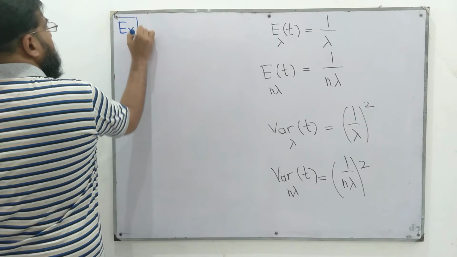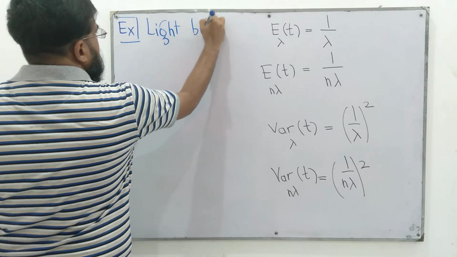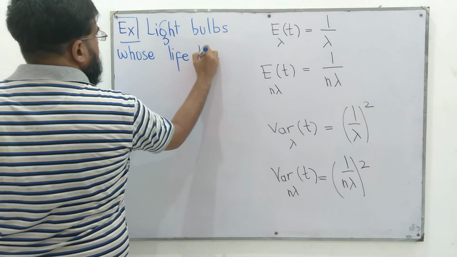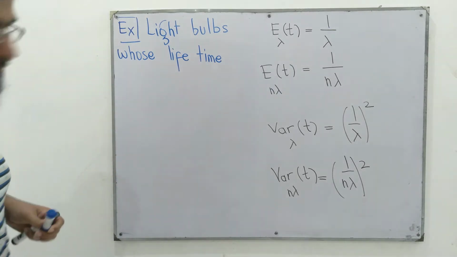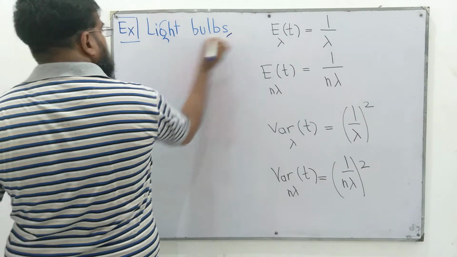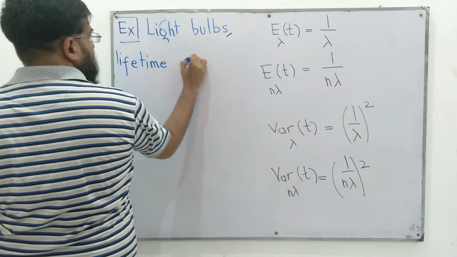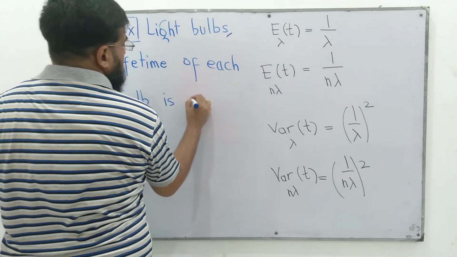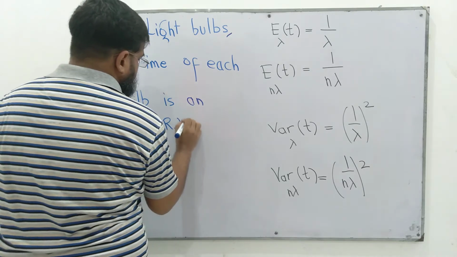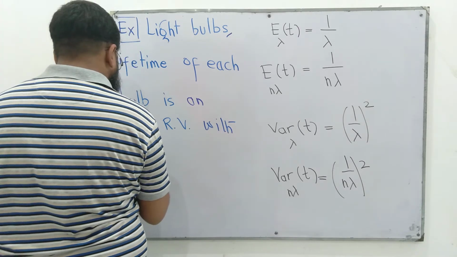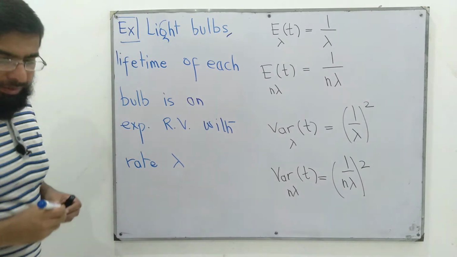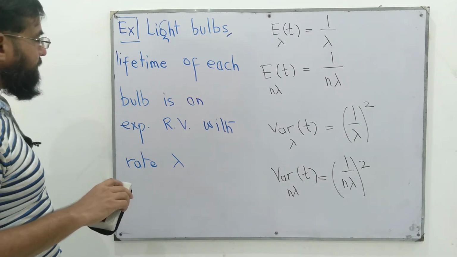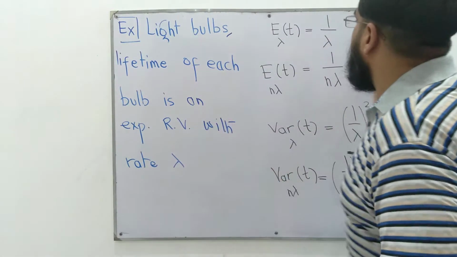An example where we have some light bulbs, and the lifetime of each bulb is an exponential random variable with rate lambda.